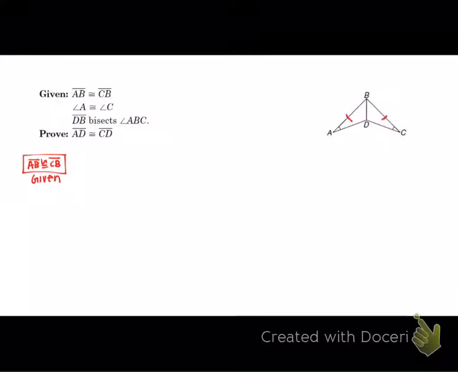The next thing we know is angle C and A are congruent. So angle A is congruent to angle C, also given to us. Can you come up with anything else from those 2 being congruent?